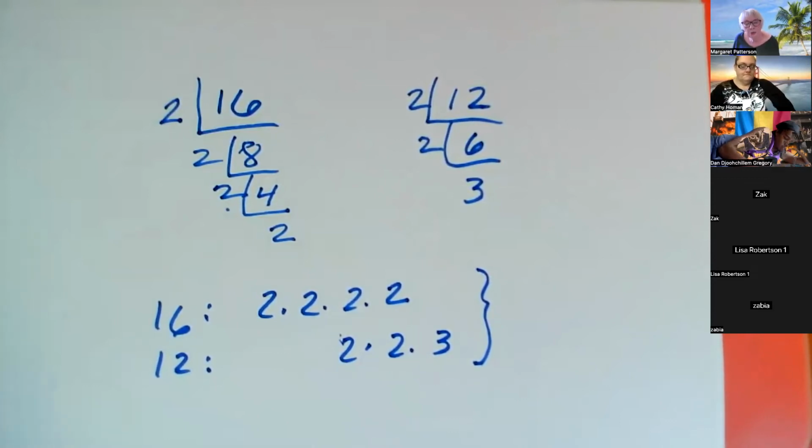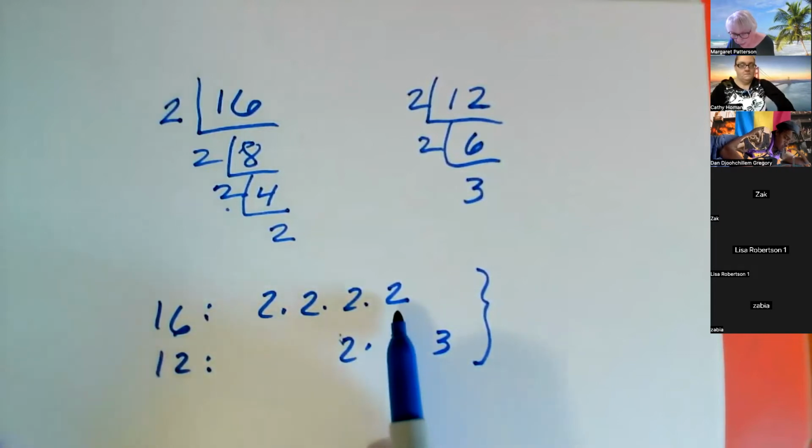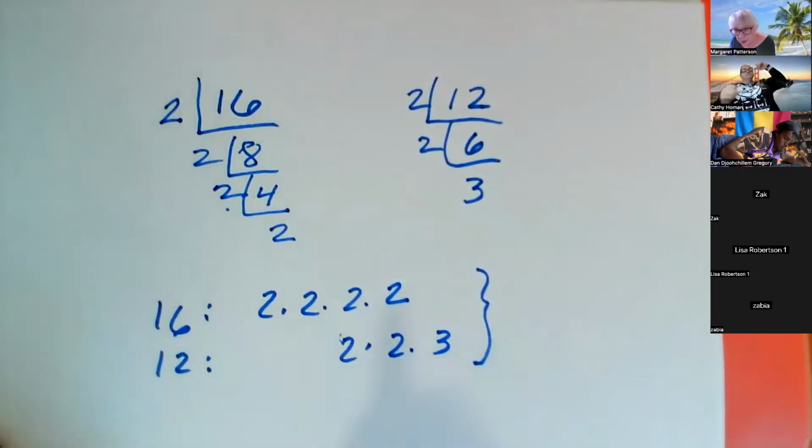How many 2s do I need for my lowest common multiple or least common denominator? I have to take the one that has the most. I have 4 here, and I have 2 here. How many do I need? We need 2 2s. Nope, it's not 2 2s. That won't cover it.